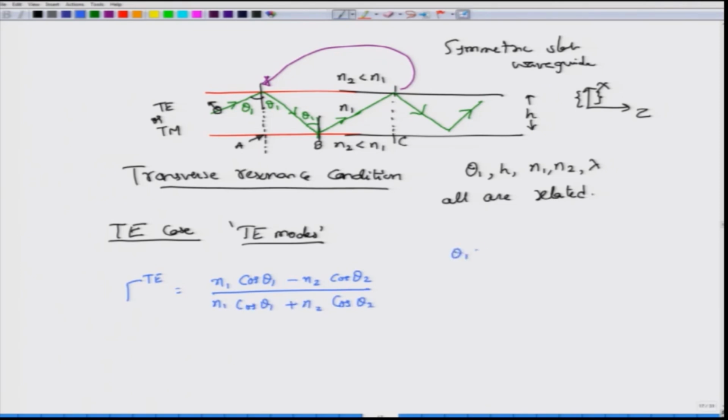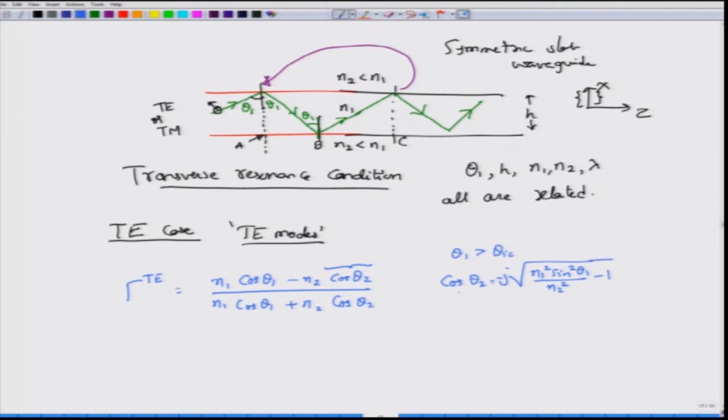Please remember that theta 1 is already greater than the critical angle, which means that cos theta 2 is going to be imaginary. We have seen this. In fact, cos theta 2 will be equal to the square root of N1 square sin square theta 1 divided by N2 square minus 1, with a minus j because of the appropriate evanescent wave condition that we have described.